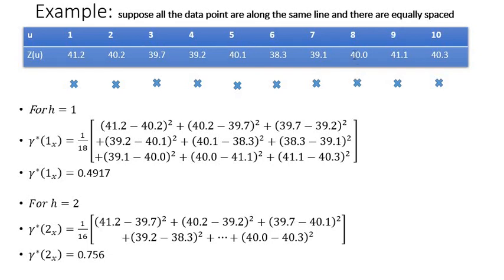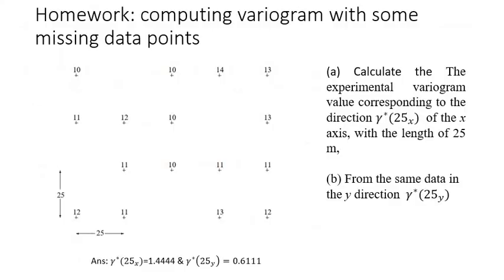The last one in our example will be 40.0 minus the next one with the difference of 2, which is 40.3. And satisfy yourself that the variogram along the x-axis of difference 2 kilometers will be 0.756.